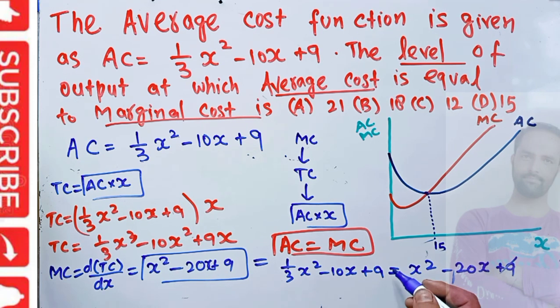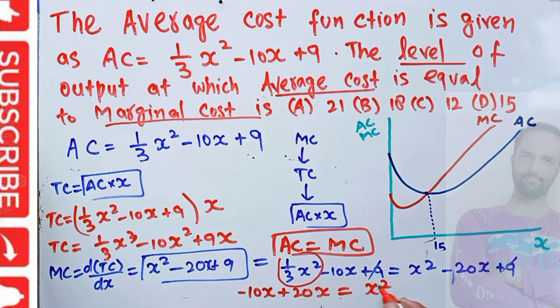The 9 and 9 get cancelled. Let us transpose this term to the RHS, so we have minus 10x, transposing the minus 20x here it becomes plus 20x, equal to x square, transposing this term it gets subtracted, x square upon 3.